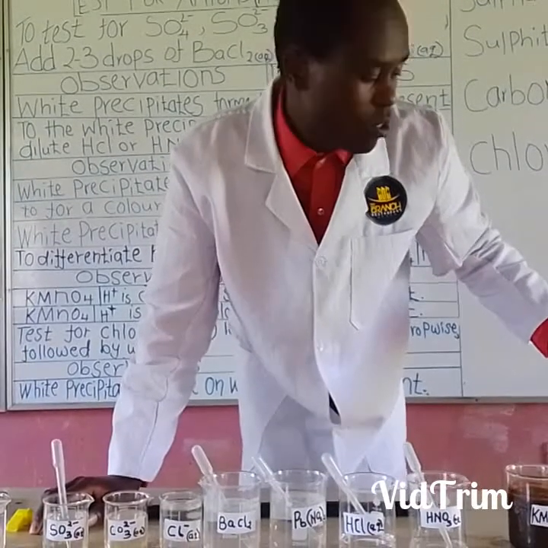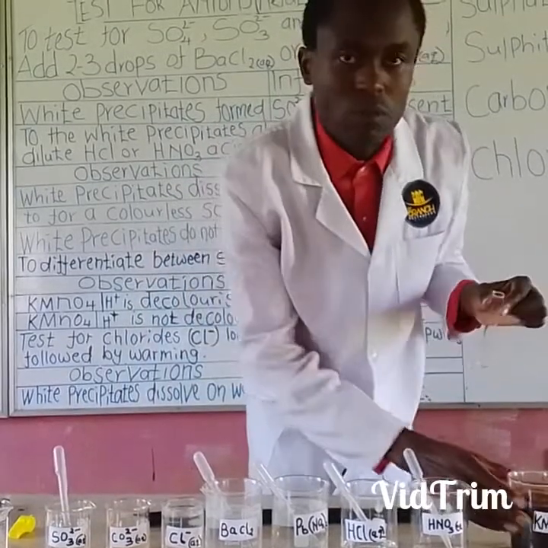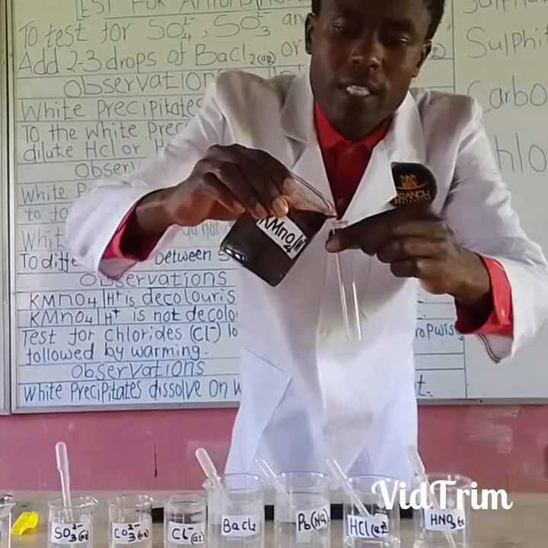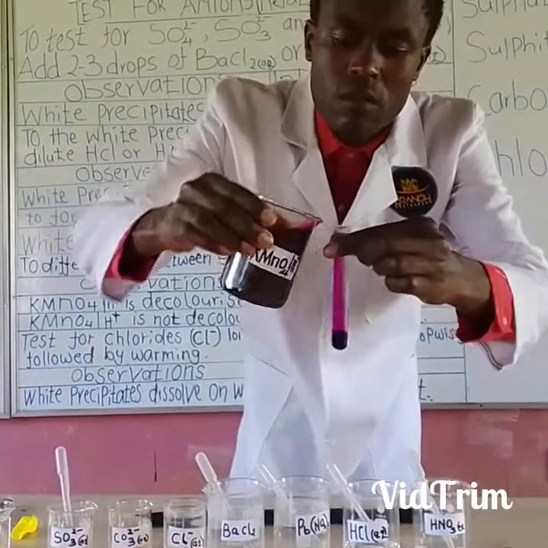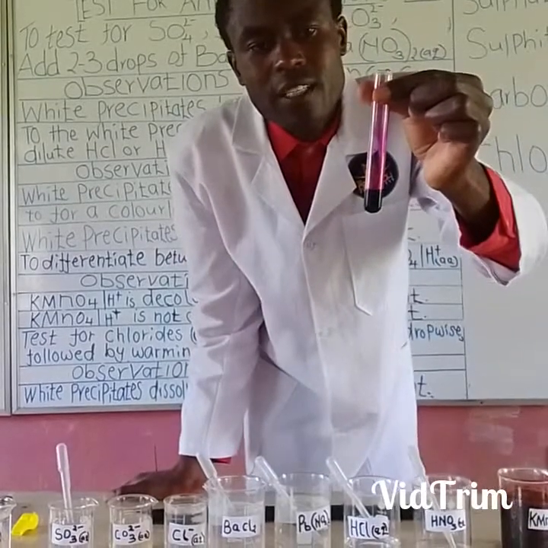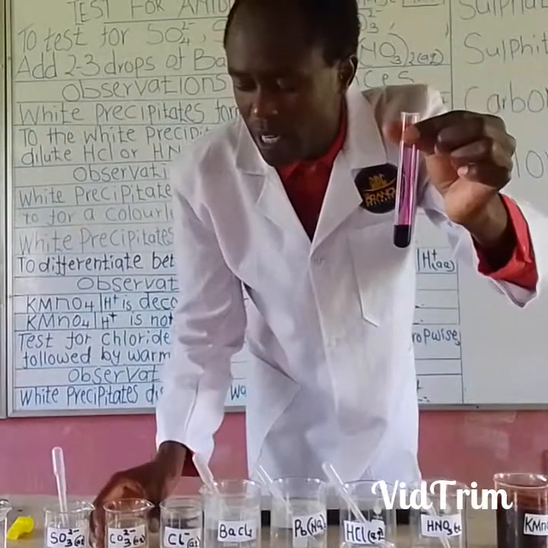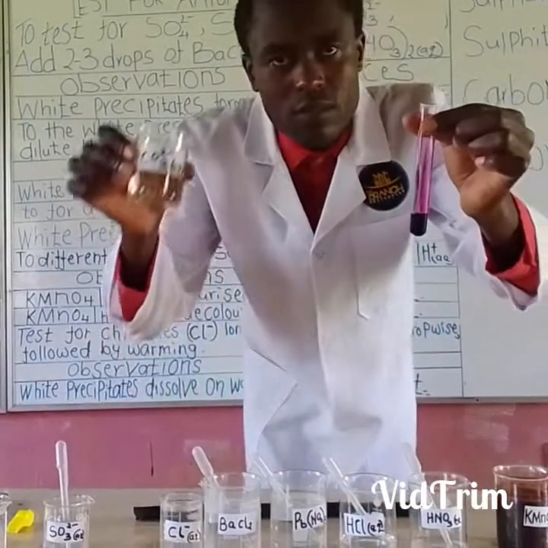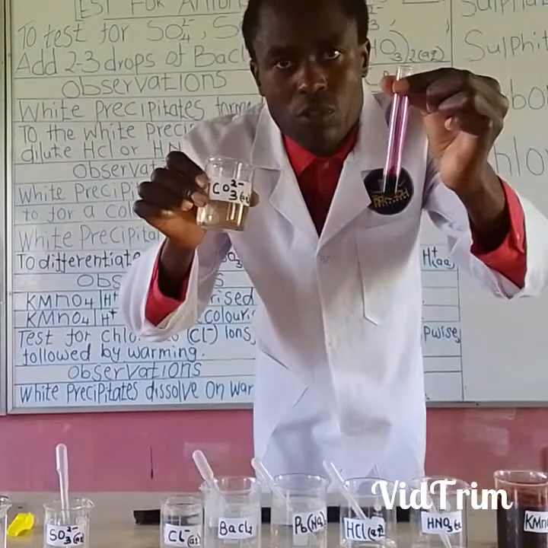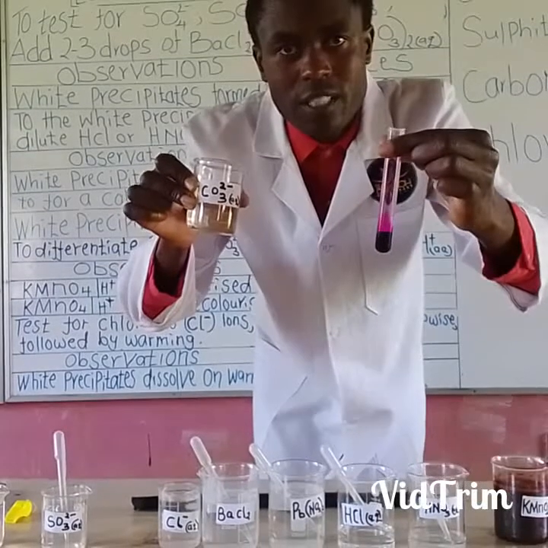Let us see a situation whereby we use now a solution containing carbonate ion. First of all, I take 2 ml of acidified potassium permanganate(VII), as I've done in the first one. Then this time around, I use a solution containing carbonate ion and see if this one will also be decolorized, just like sulfite ions.